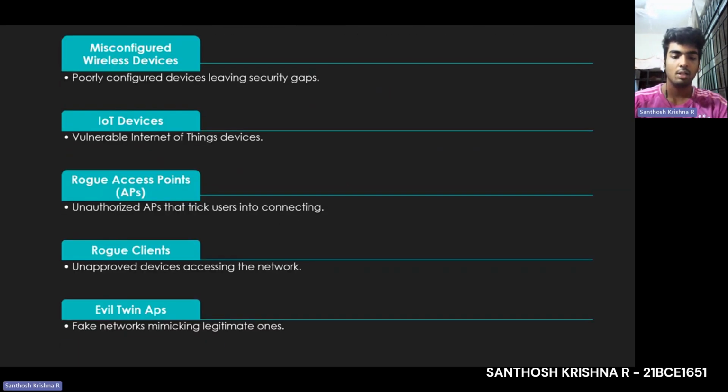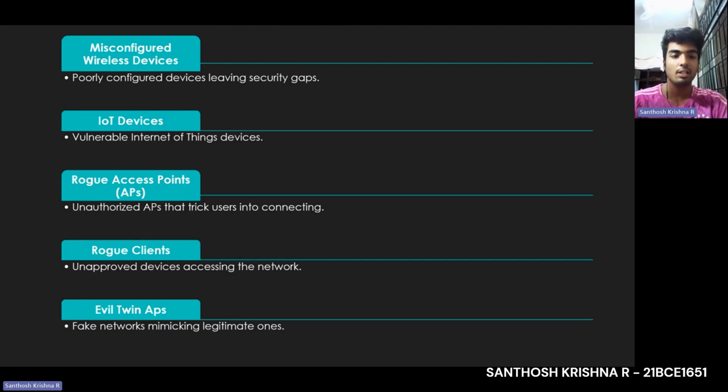So let's discuss the types of rogue wireless devices. There are several kinds, and the first one is the misconfigured wireless devices, which are usually poorly configured devices, and this poor configuration leads to security gaps which can be exploited by an attacker.